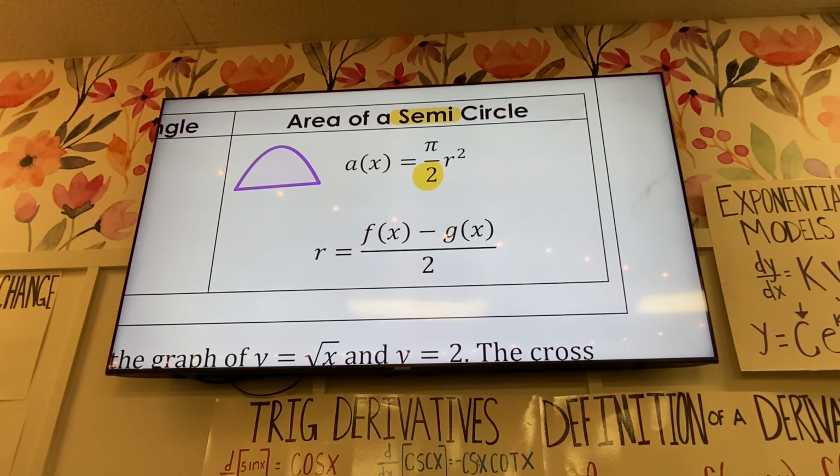And instead of writing pi over 2 r squared, I wrote pi over 2 d over 2 squared. Now what do you think that d stands for? Diameter. All right, because diameter divided by 2 is the same thing as radius, right? So on your formula sheet, I wrote pi over 2 and d over 2 squared. And the reason why I wrote it like this is because almost everybody without fail forgets to divide by 2.